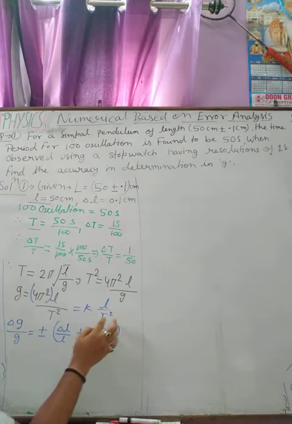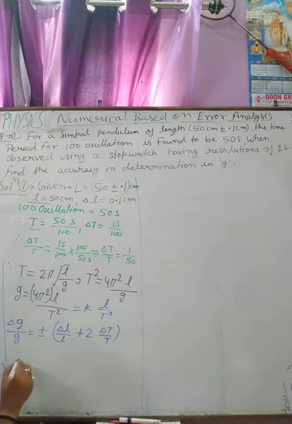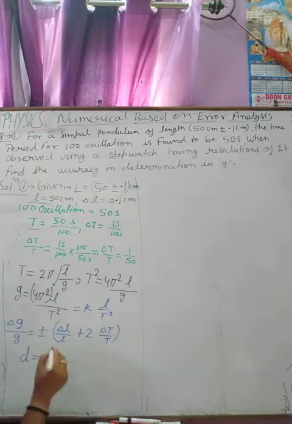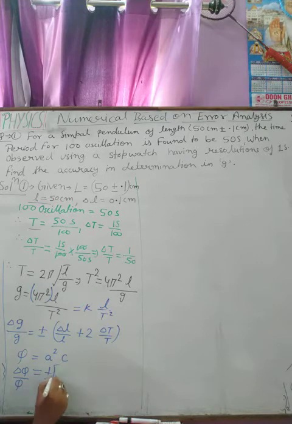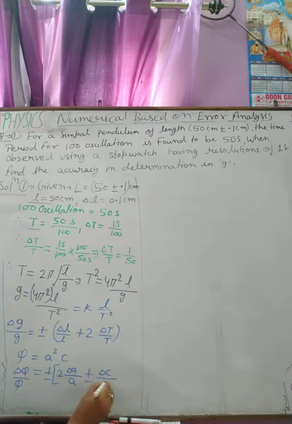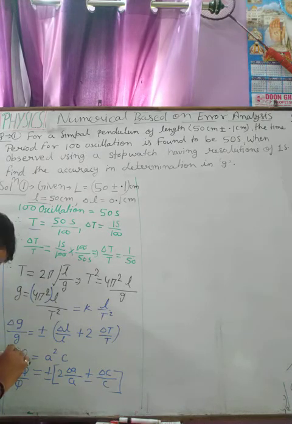That is, when we have, suppose we have a density, any physical relation and a quantity which is given by a square c. तो हम इसको जब एरर निकालेंगे, इसकी del q अपॉन q निकालना चाहेंगे, तो हम इसे स्टूडेंट डायरेक्टली ऐसे लिखते हैं. इस 2 को हम आगे कर लेंगे and error in a upon a and plus minus error in c upon c. This is the method which we used here. तो ये एक नोट पोर्शन आपके लिए हम यहाँ पे लिख रहे हैं.